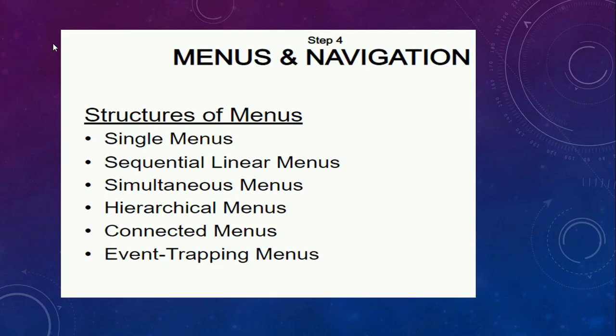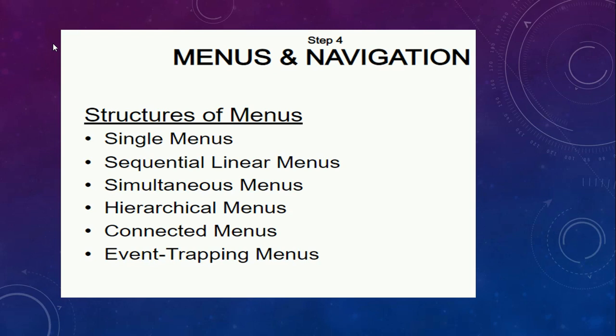Menus vary from very simple menus to very complex menus. They may range from small dialog boxes, which may request the user to give certain inputs, or they can be in the form of a hierarchical tree-like structure. That is also a very complex menu, you can say.